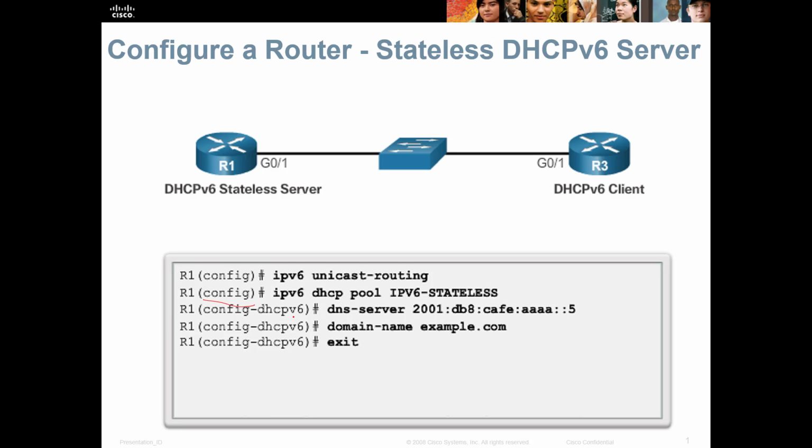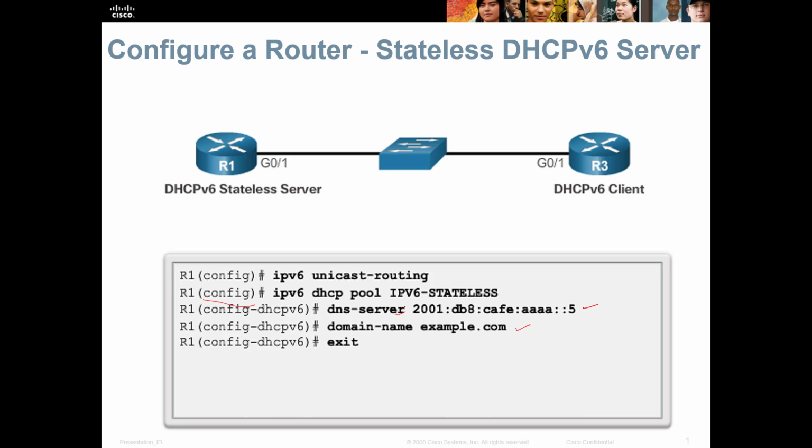I'm not in an interface. I'm doing nothing with G0/1 yet. And I'm going to add in two things. This is just information you're adding. This could be some of that other information stuff that we've been talking about here and there.